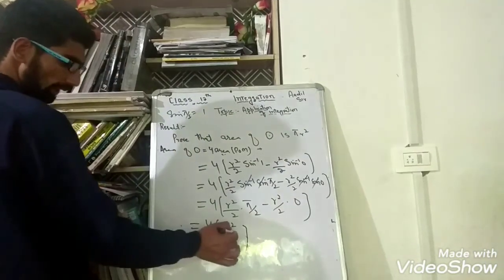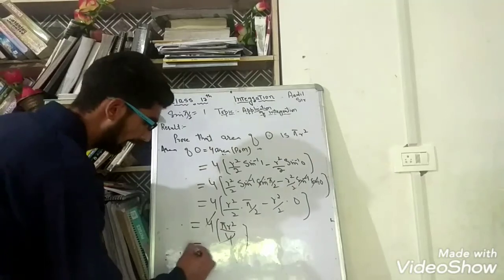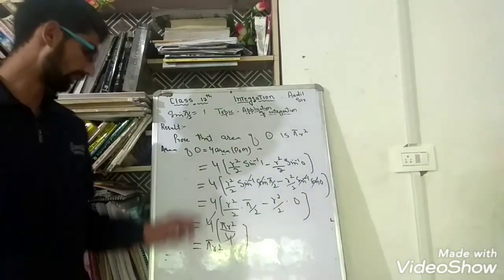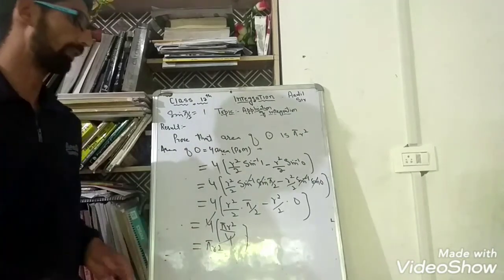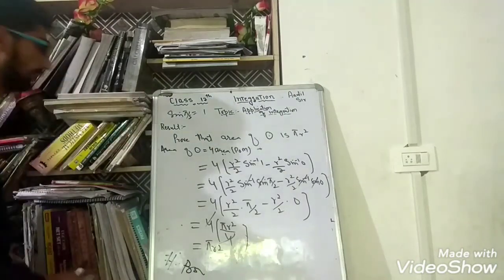So now you check here, 4 is multiplied as well as divided, so 4 and 4 will get cancelled. I am getting pi r square. So I am getting area of circle is equal to pi r square. This is the proof. Hence proved.